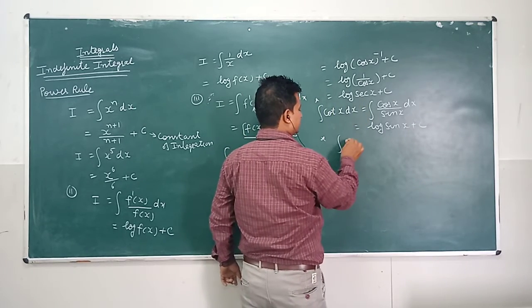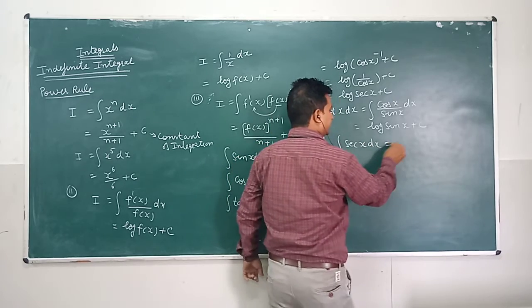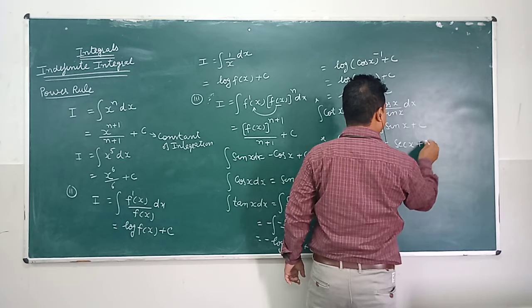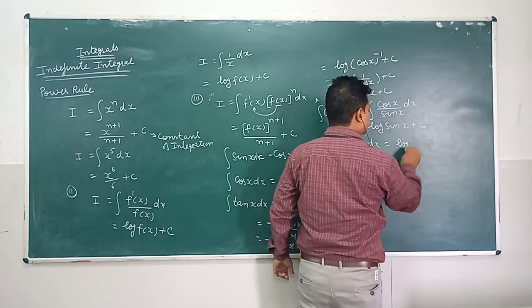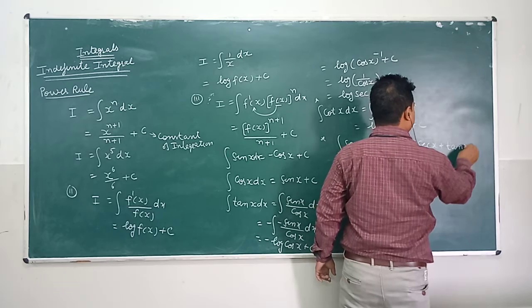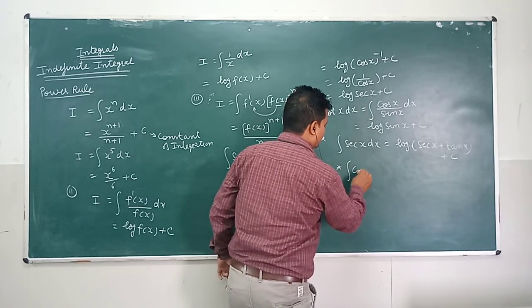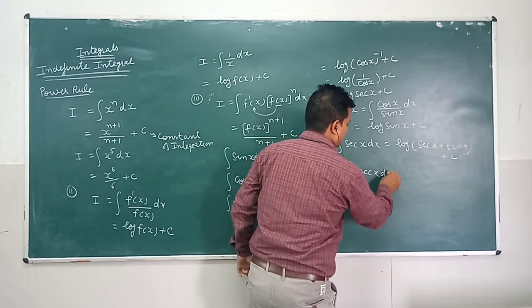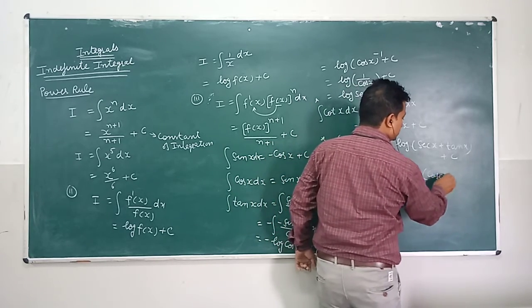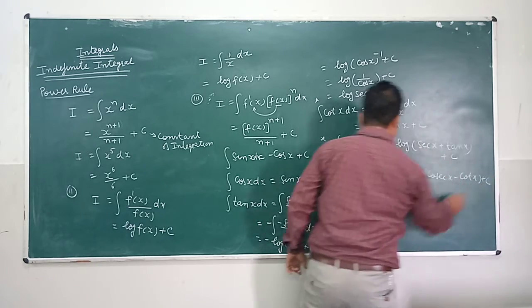Same, integration of secant x is log of secant x plus tan x. This is the integration of secant x. And integration of cosecant x is log of cosecant x minus cot x plus c.